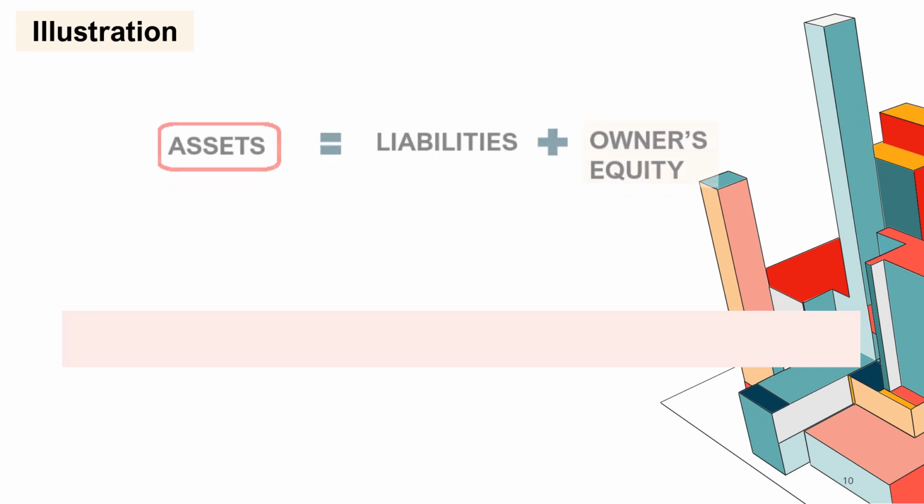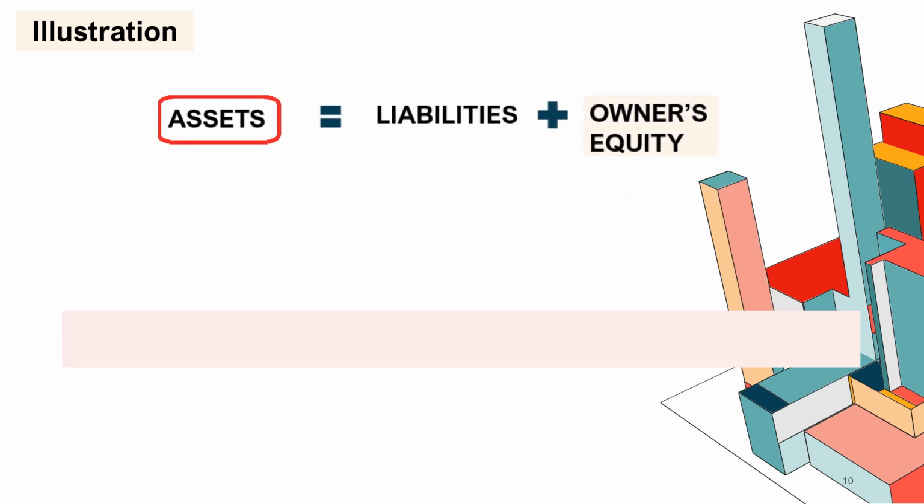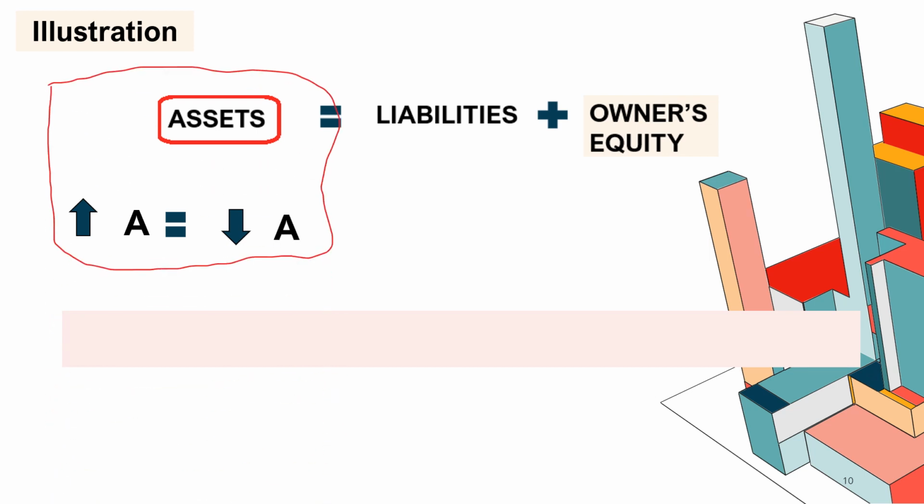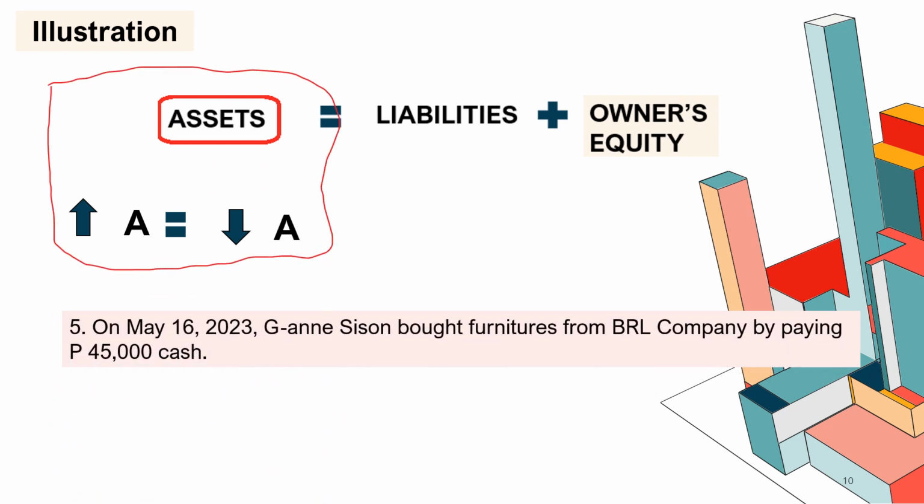Okay, number 5. We concentrate on the assets item of the accounting equation. An increase in an asset equals a decrease in another form of asset. Let's have an example. On May 16, GN Season bought furnitures from BRL Company by paying 45,000 cash. There are two items mentioned here: the furnitures and the cash.